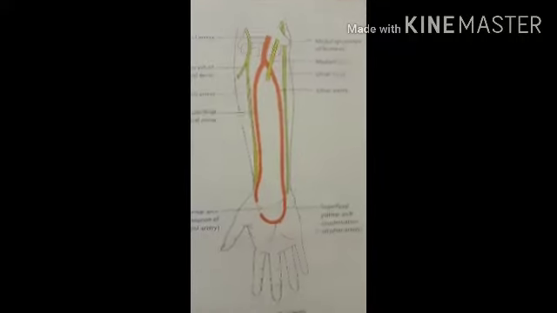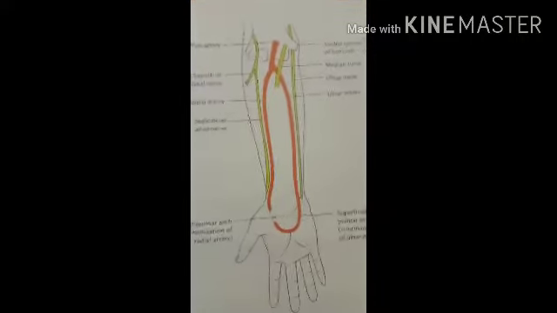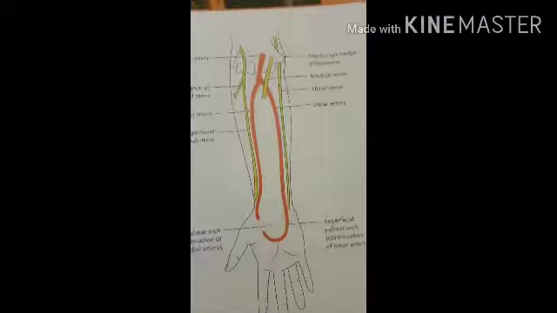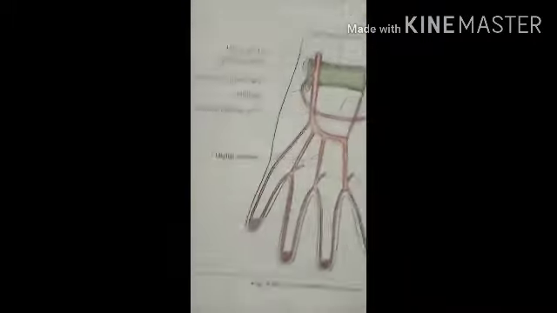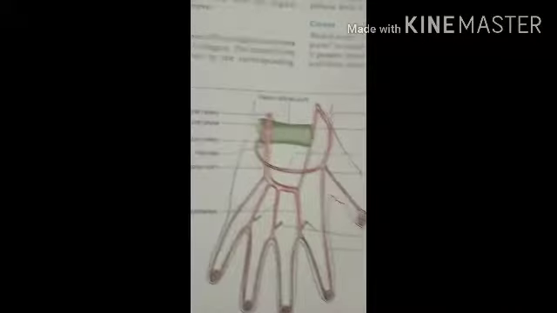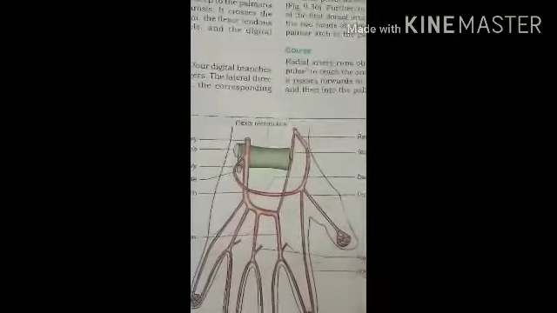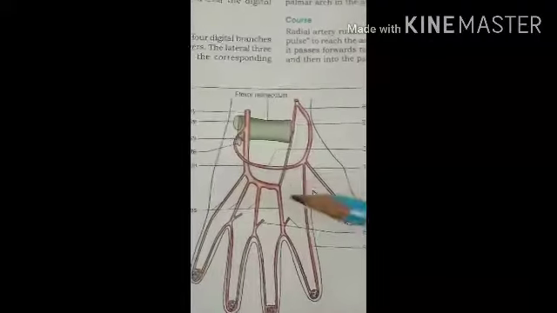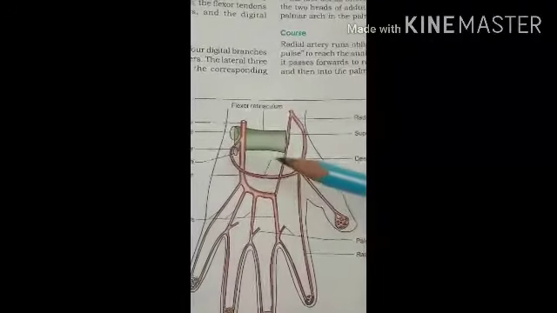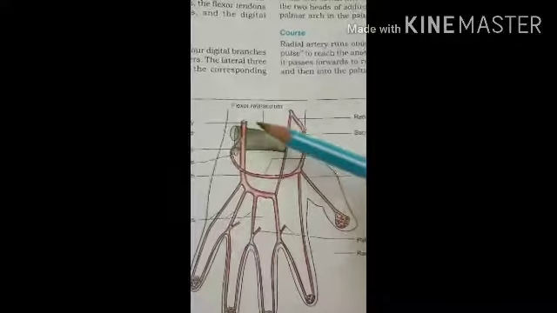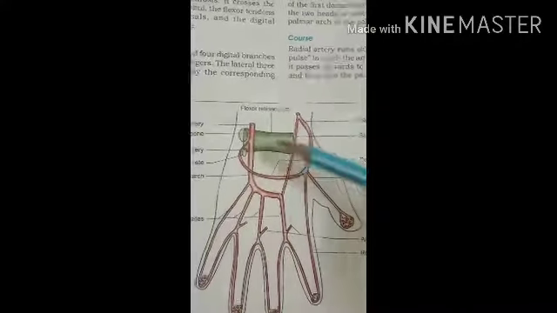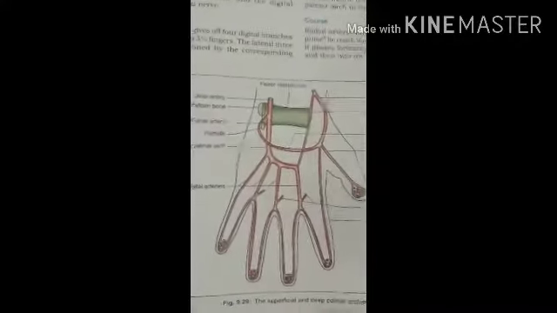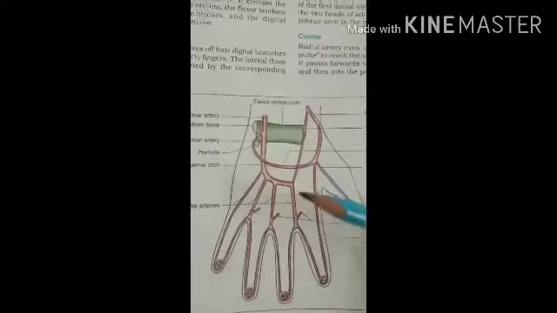After that, the next branches of the ulnar artery, here in this diagram you can see, are the anterior and posterior ulnar carpal branches. These arteries take part in the formation of the anterior and posterior carpal arches. And the last ones are the terminal branches.